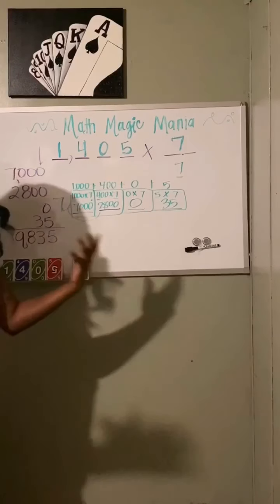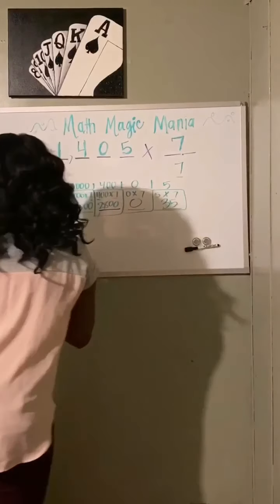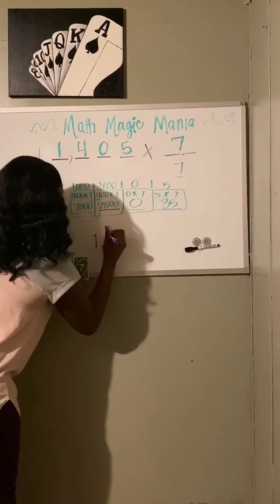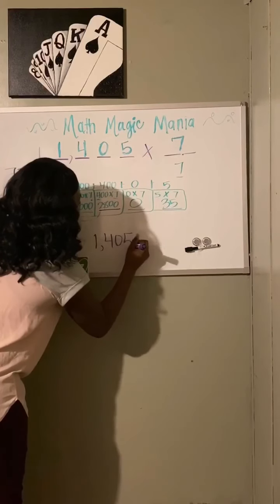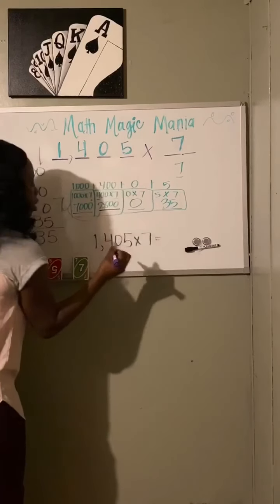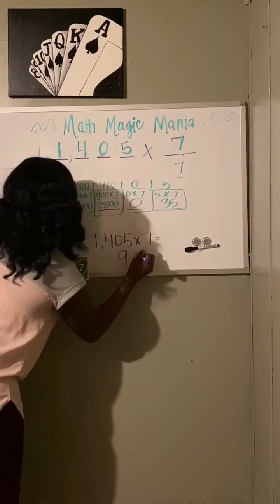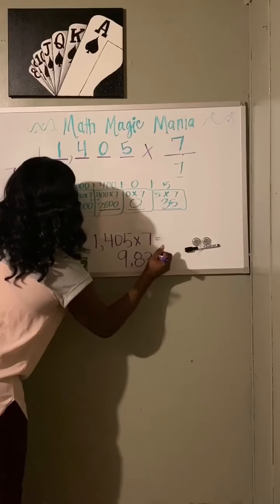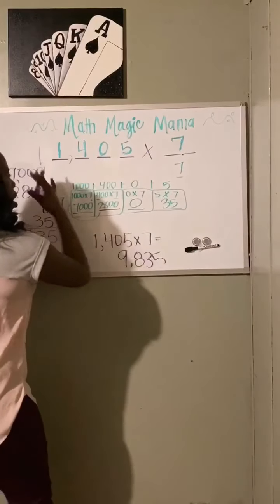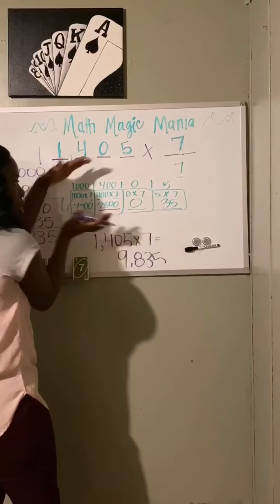So my answer is 9,835. So that means that 1,405 times 7 is equal to 9,835. All possible with the box.